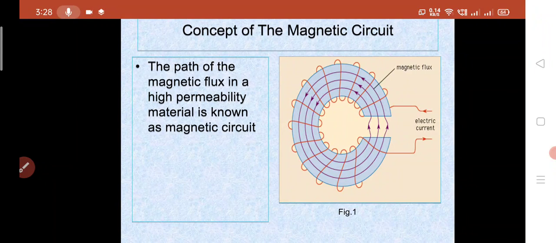In general, the permeability of magnetic material is much greater than that of the surrounding air.